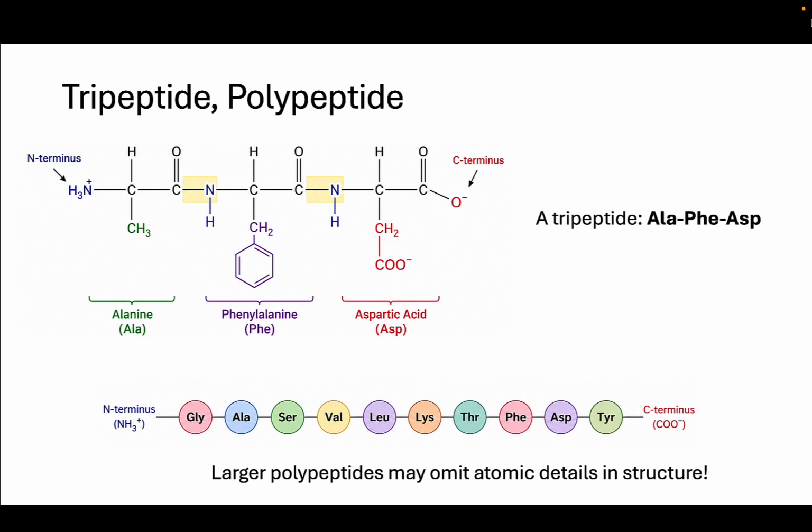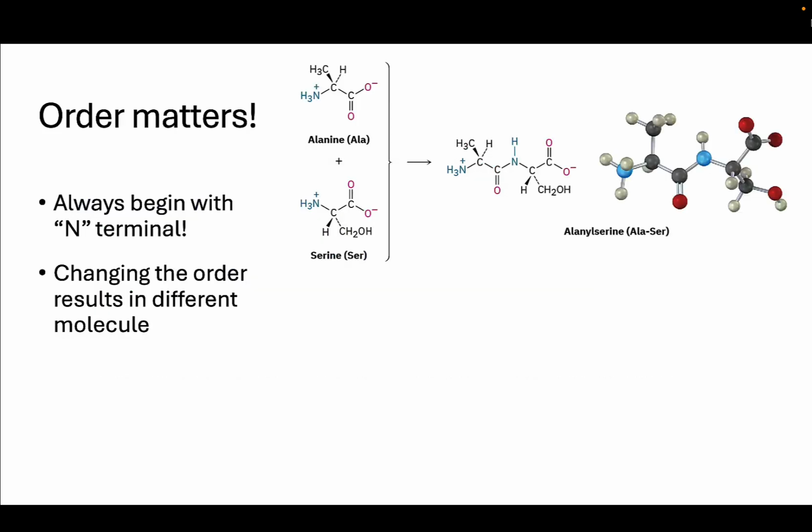And so for something that's like 10 peptides long, we may want to just show it something like this, right? Gly, Ala, Ser, Val, Leu, Lys, Thr, Phe, Asp, Tyr. This corresponds to the different amino acids that are here. Remember, we have these three-letter codes, and it defines the larger polypeptide from N to C terminus.